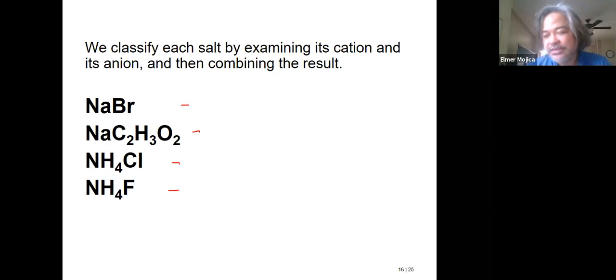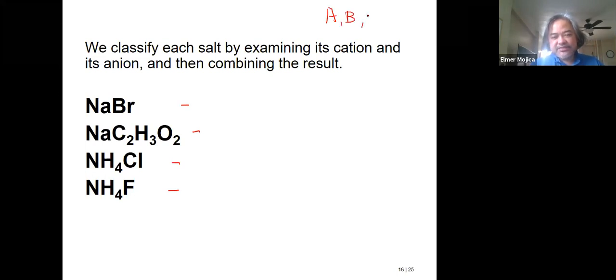So what would be the pH of your NaBr salt? So it's just A, B, or N. So what are the sources here? What's the source of HBr or Br? What's the source of Na plus?